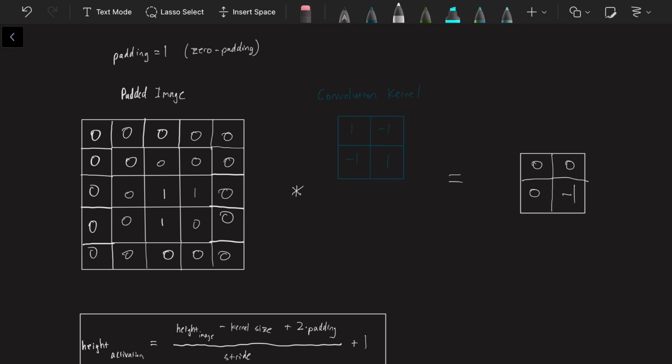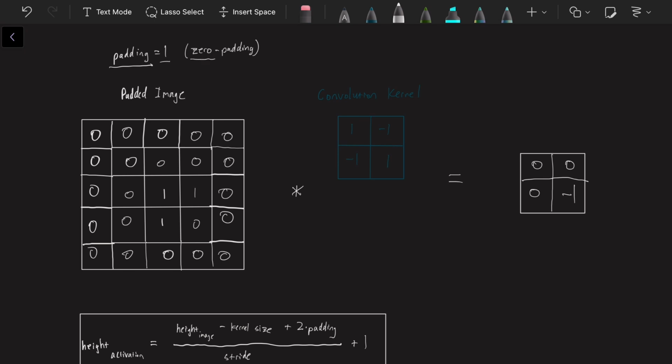So that problem of bleeding off the edge of the image introduces a parameter called padding. And padding is where you add a bunch of padding around the edges of your image to enable complete valid calculations or convolutions. And you can control how much padding you want. So here we're going to do 1 layer.